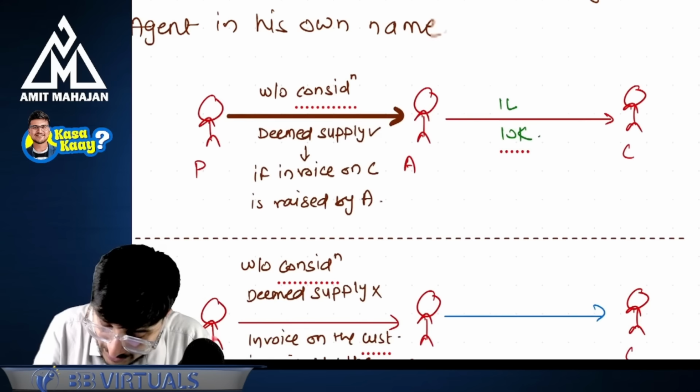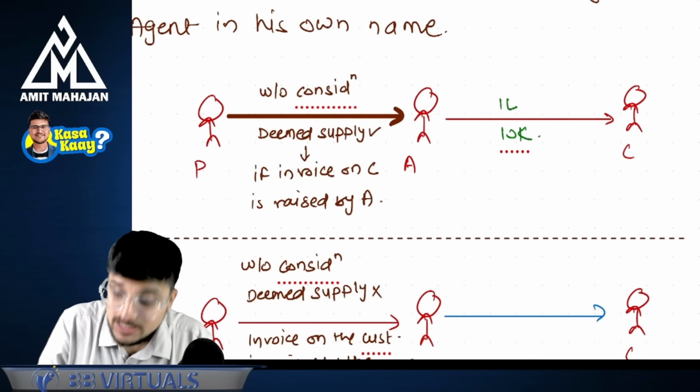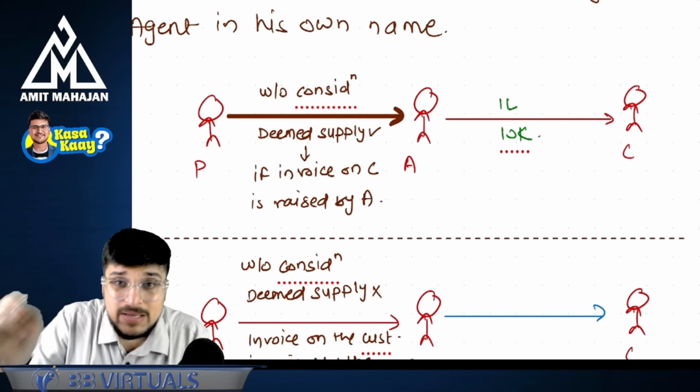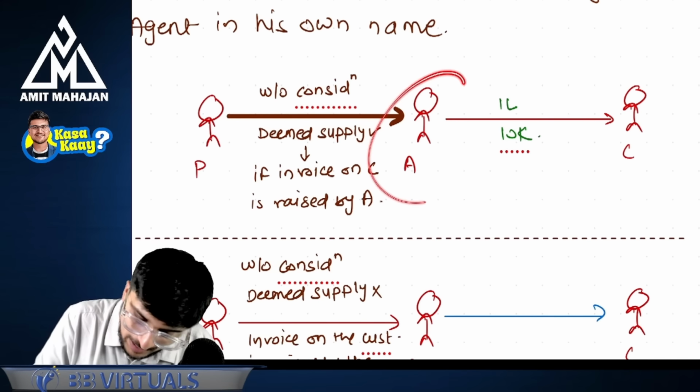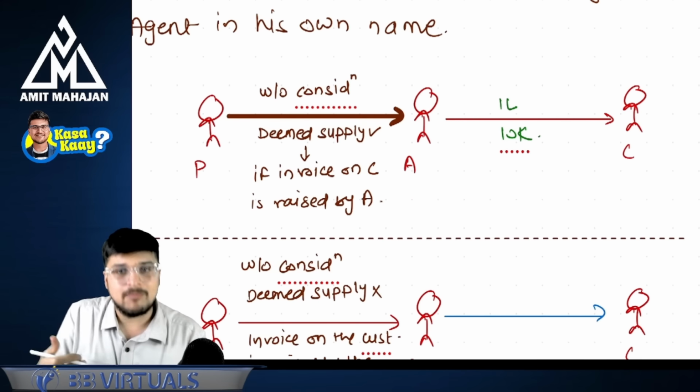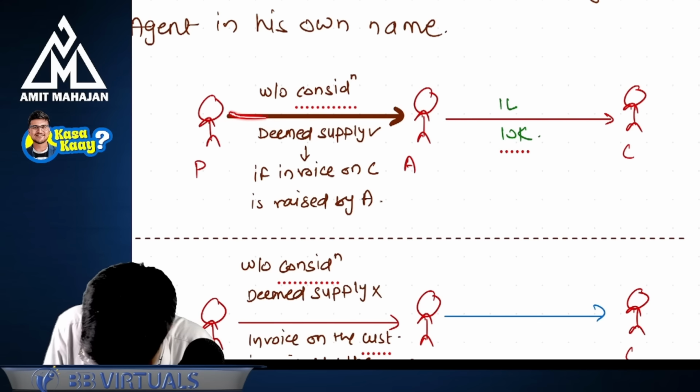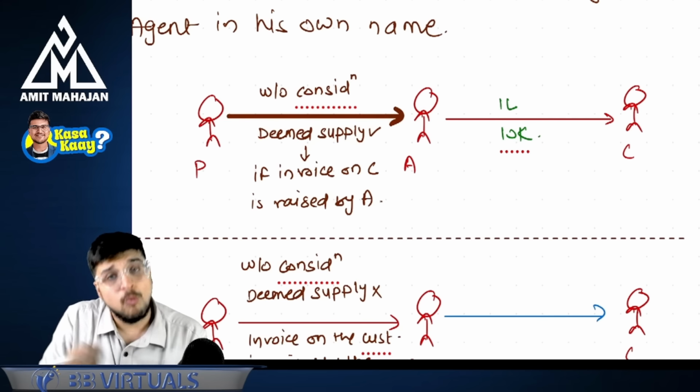When the invoice on the customer is raised by this agent in his own name, then this transaction will be considered as deemed supply. Why, sir?